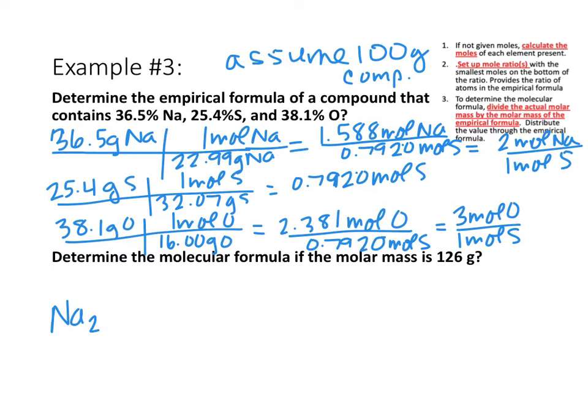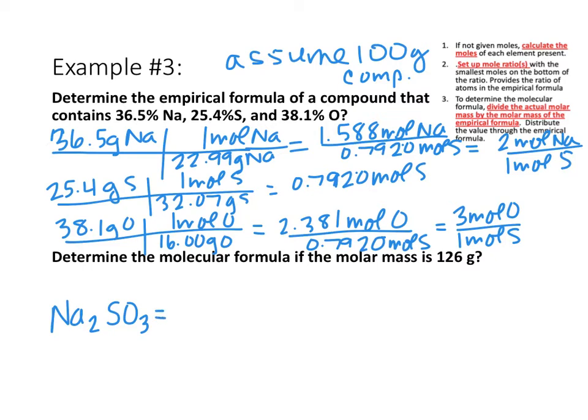So you could put it in any order you want, but hopefully you recognize that you have sulfite here with SO3. I'd never take off points for putting the oxygen before the sulfur, but I will be thrilled if you recognize that it's a polyatomic ion sulfite. So there's our empirical formula, Na2SO3.